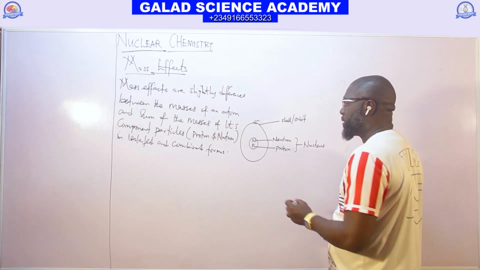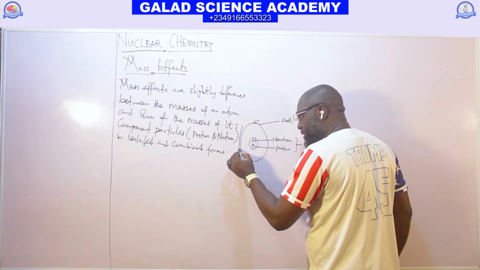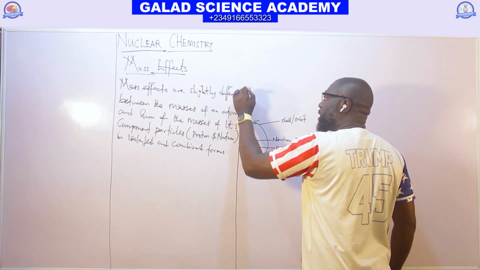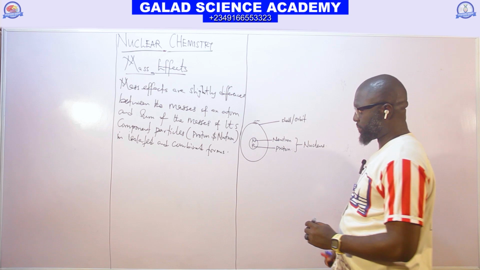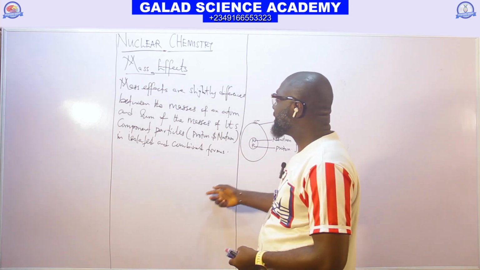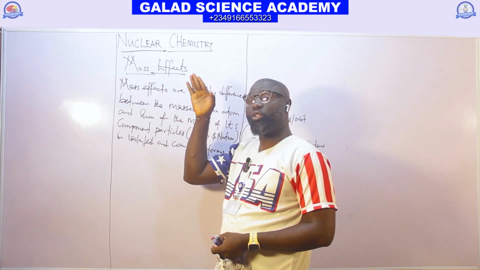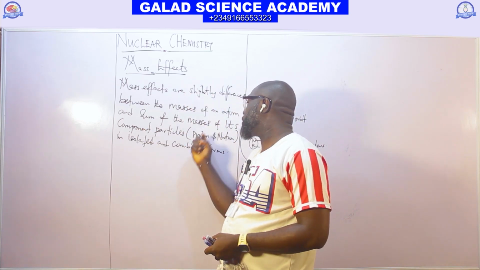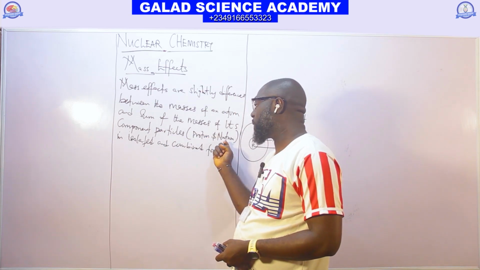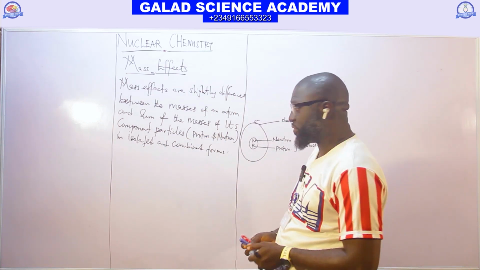That is the definition of mass defect. It is the slight difference between the real mass of an atom and the sum of the component particles, which are protons and neutrons.